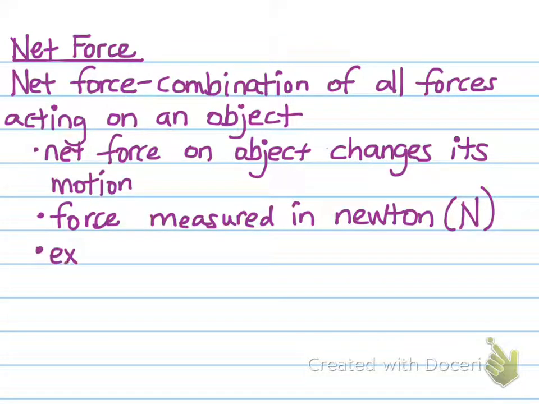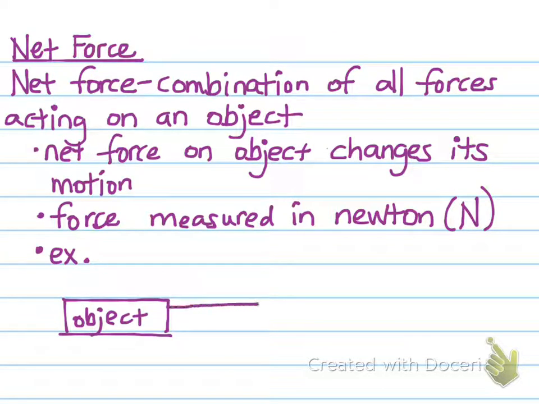To take a look at some examples of this net force idea, I have my object here, and I'm going to make it a square little object because that's easy to draw.